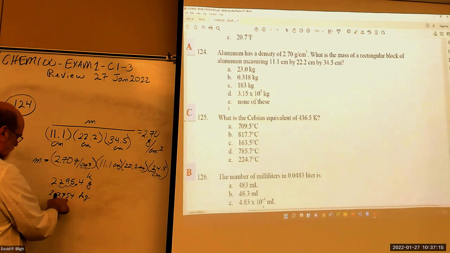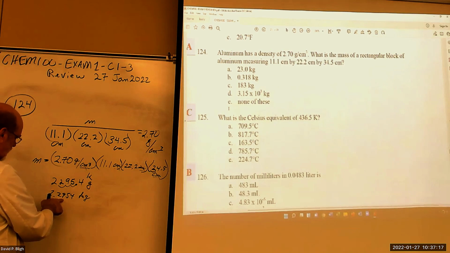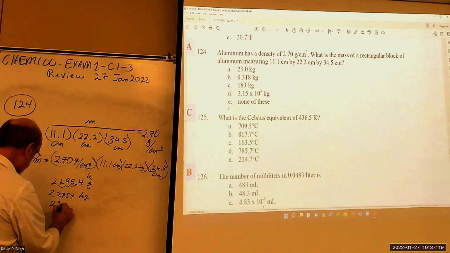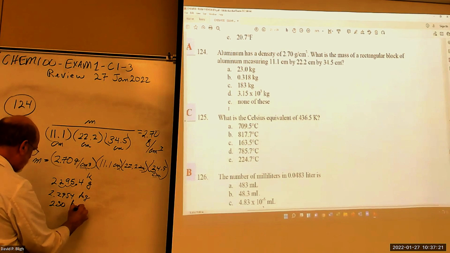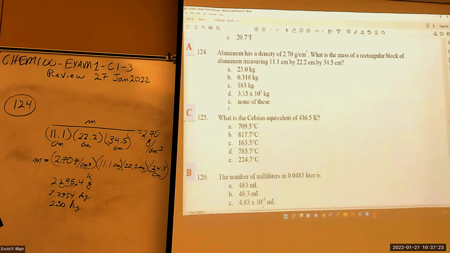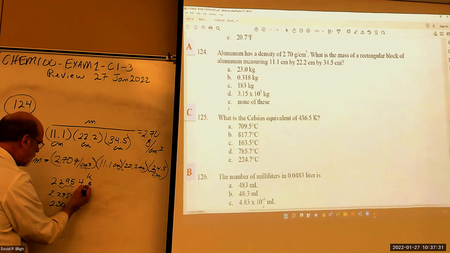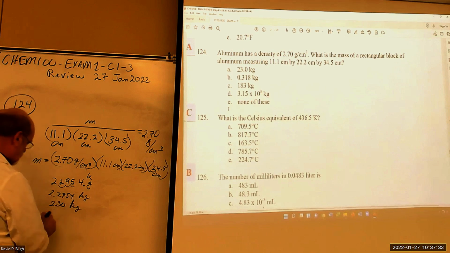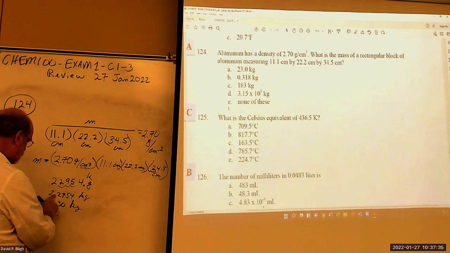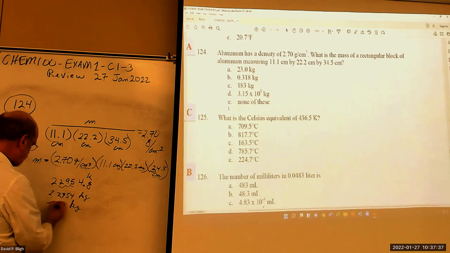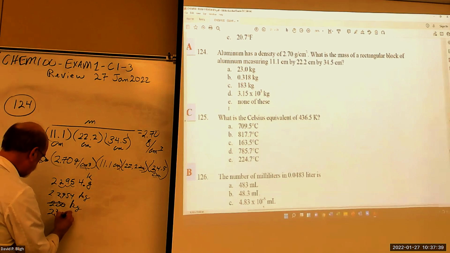So this is 5, that becomes 10. We got 2.30 kilograms. Oops. Oh, I'm sorry. I moved my decimal place to the wrong place. 23.0 kilograms.